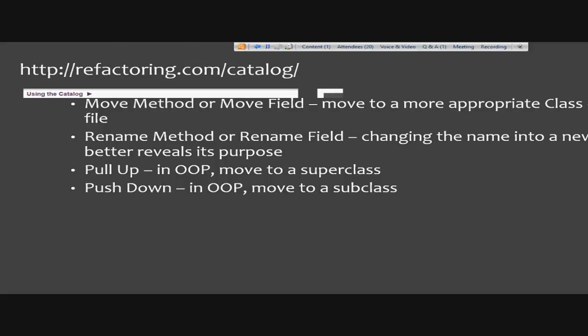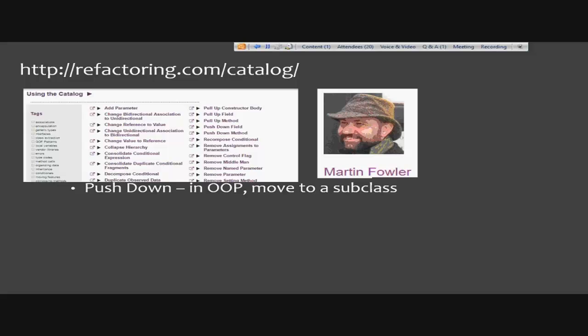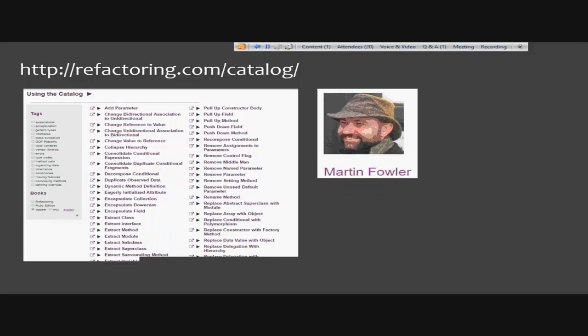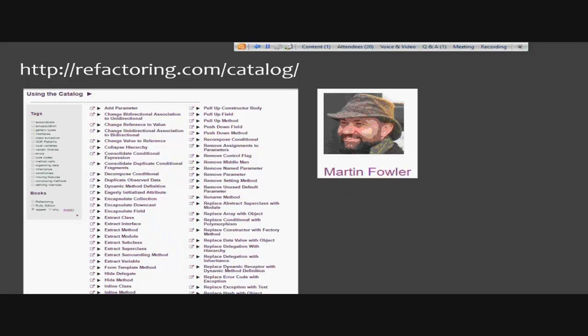And if you visit refactoring.com, you will see a long catalog of refactoring techniques, where every technique is explained a bit. There are so many resources available on the internet explaining better than me, so I didn't want to go into the details.